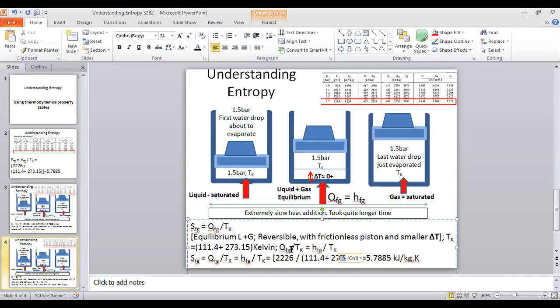QFG is HFG. For this experiment, QFG is HFG. That's why QFG by TK becomes HFG by TK.